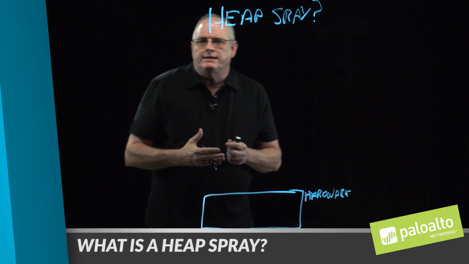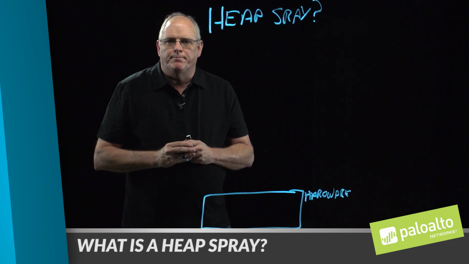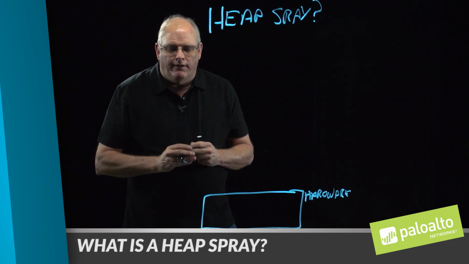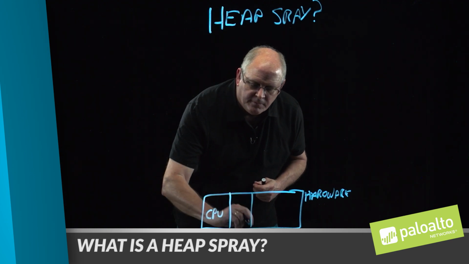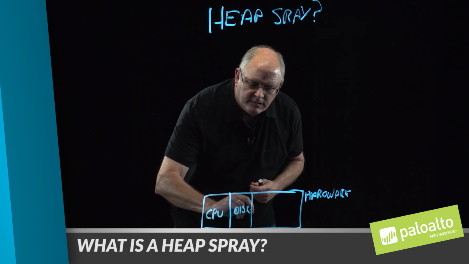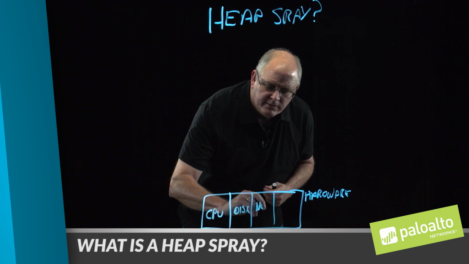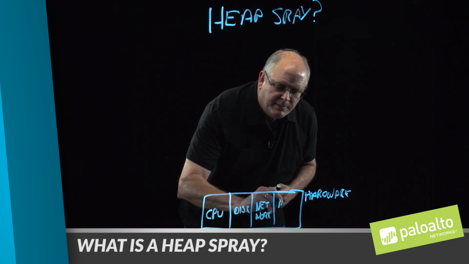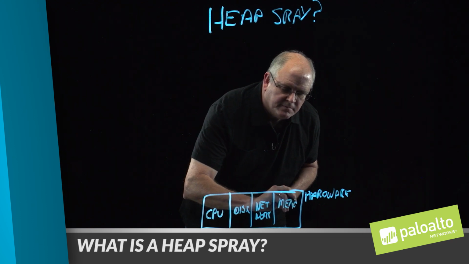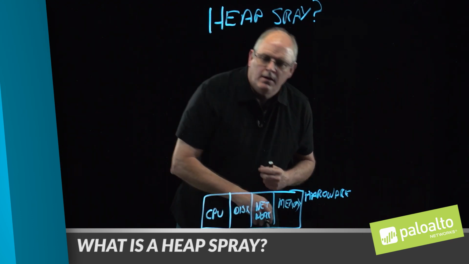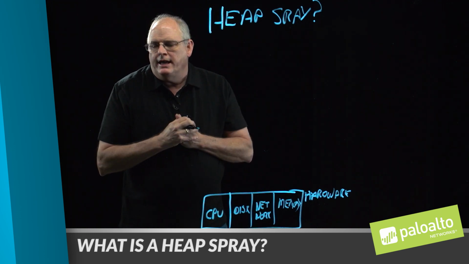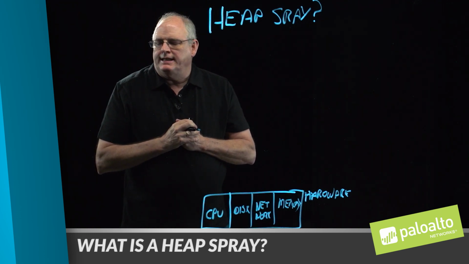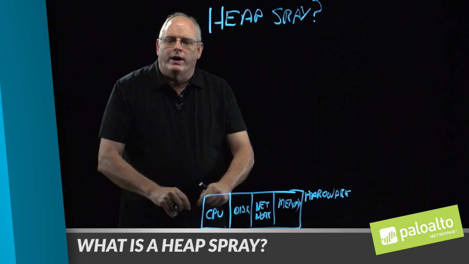Our hardware generally consists of four major components that every system needs to have: CPU, disk, network, and memory. We're going to focus upon the memory component here because heap spray is a memory corruption technique.